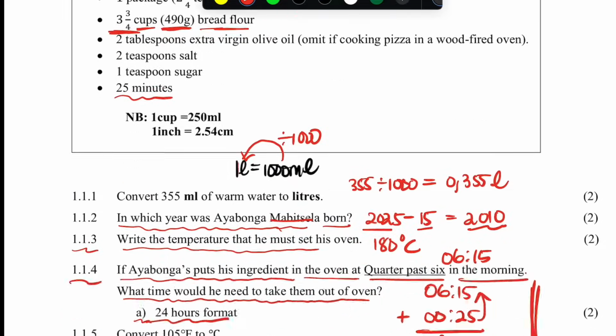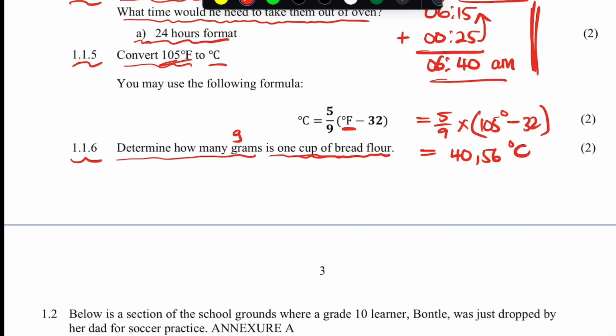So now we want to know how many grams will be 1 cup of bread flour. So we are told here 3 3/4 cups of flour is to 490 grams.